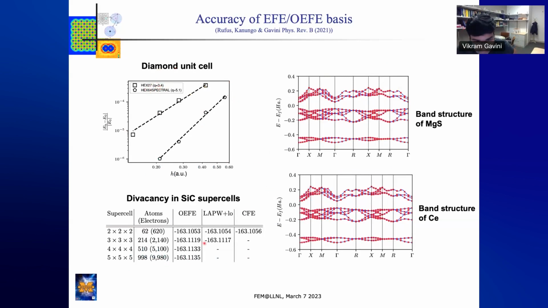And when we compare the calculations of this enriched finite element basis with other techniques that are available for all electron calculations, such as LAPW and LAPW plus localized orbitals, as you can see, there is very good agreement in the energies that we get, but we're able to go to much larger scale calculations than many of these LAPW plus LO codes.